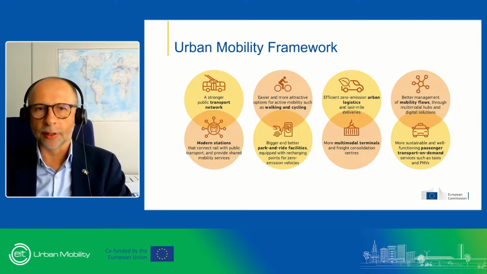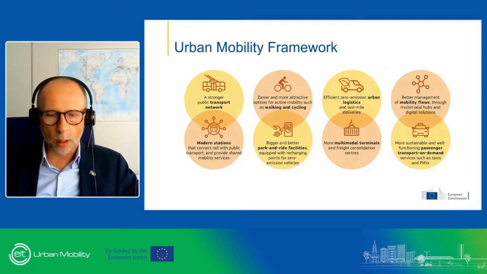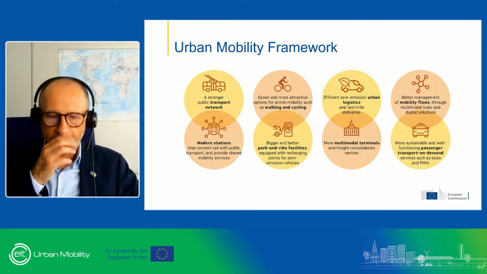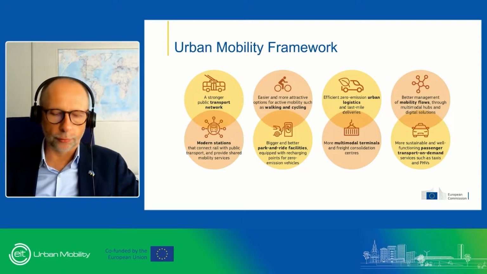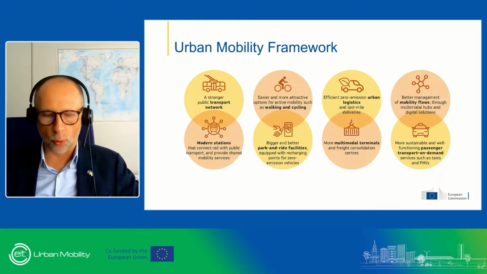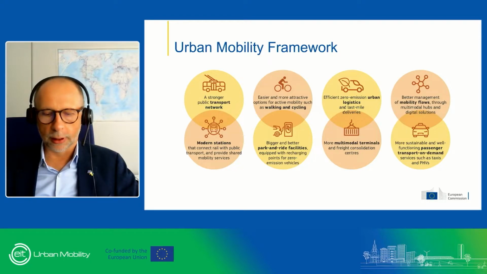Another element of the strategy is the urban mobility framework, also from last year. In this document, we confirm that we want people and goods to move in a more sustainable way in our cities, to make it easier for rural and suburban commuters traveling to school and to work, and to support cities in their role as essential transport hubs.